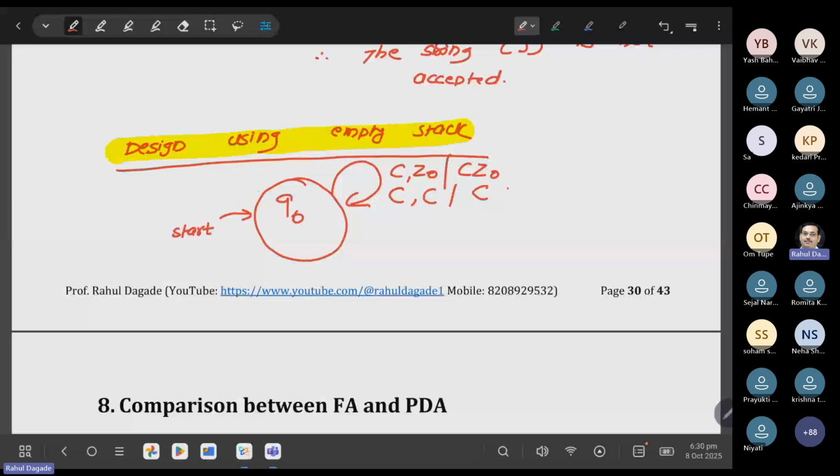And again now we have a closing parenthesis and we have an opening parenthesis on top of stack, then we are popping it. And now here we will add one more move, that is when null is the input and Z0 on stack, then pop it. Okay, so here with one state only we could achieve the PDA using empty stack.